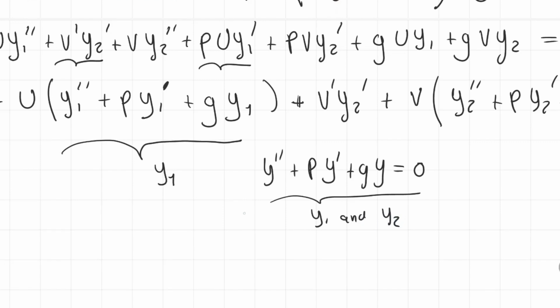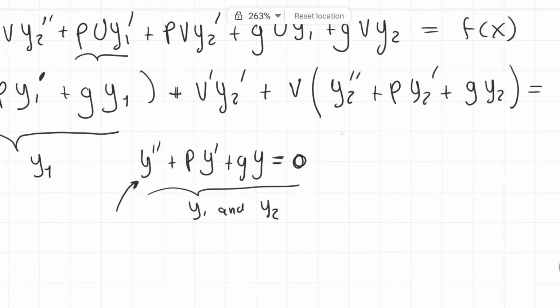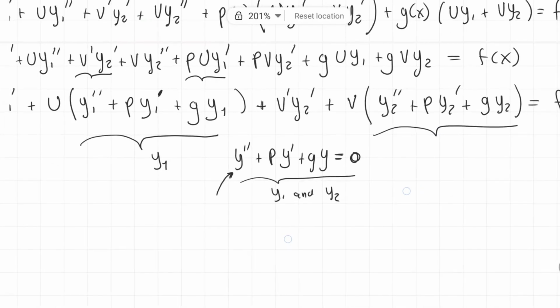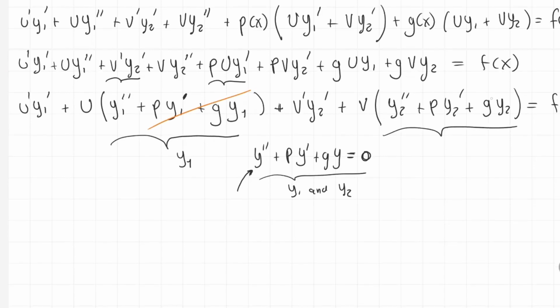So if we put y1 into this equation, we get 0. Also, if we put y2 in this equation, we get 0, which is what we have in this case. So all these expressions are actually going to be 0.